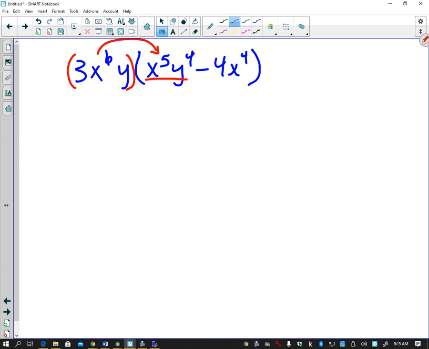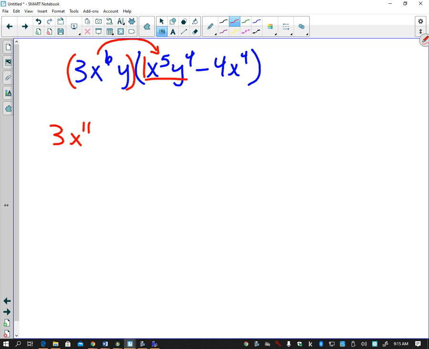So remember that there is a number 1 here, right? So what's 3 times 1? 3. And then if we're taking x to the 6th times x to the 5th, what do I do with those x exponents? Add them. Very good. Okay, add 6 and 5 and get 11.